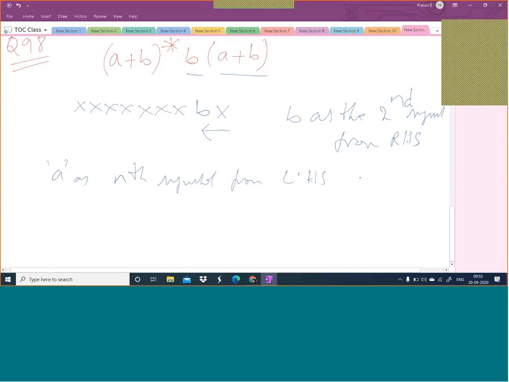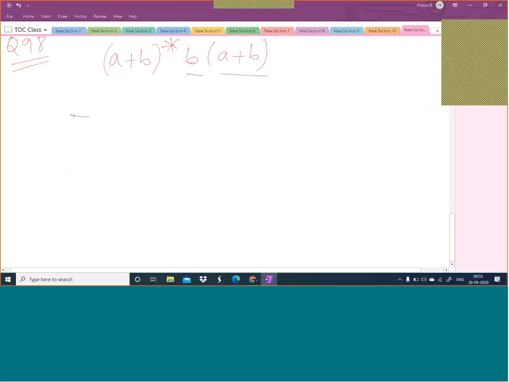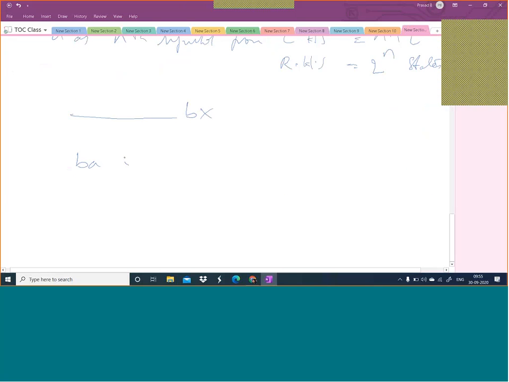Okay, let me complete this diagram. Having B as the second symbol from the right side, what are the smallest strings? BA and BB are the smallest strings. So accept these two, BA and BB, first.